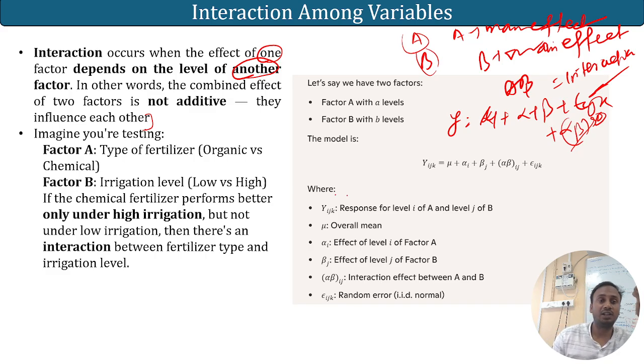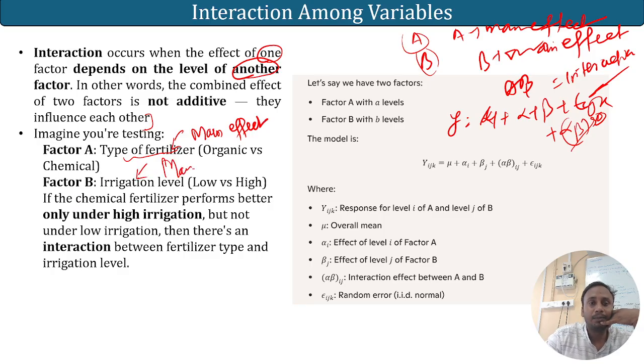Let's say you're doing a test, and factor A is the type of fertilizer, which is a main effect. Then factor B is the irrigation level, also a main factor. Then we'll check factors A and B together.